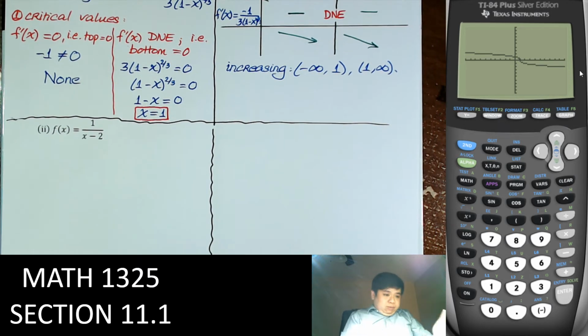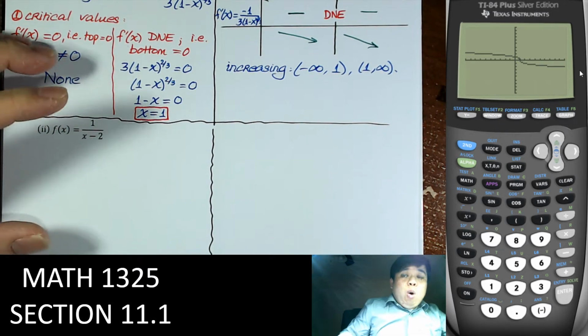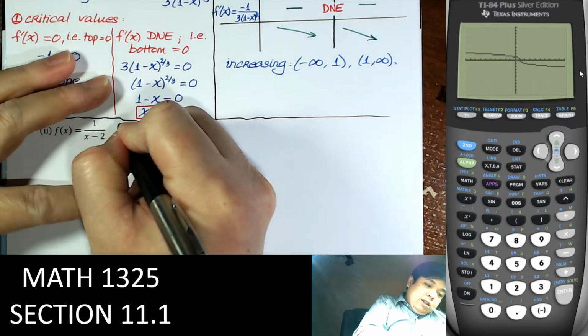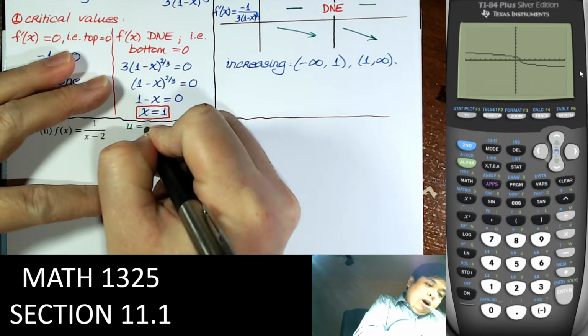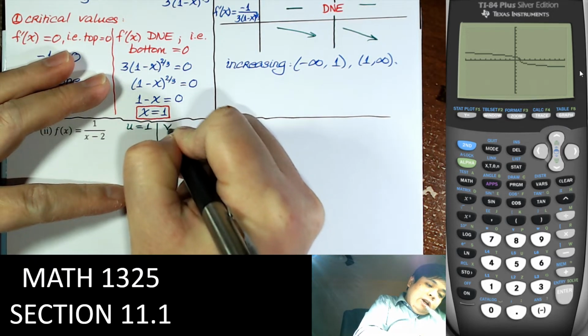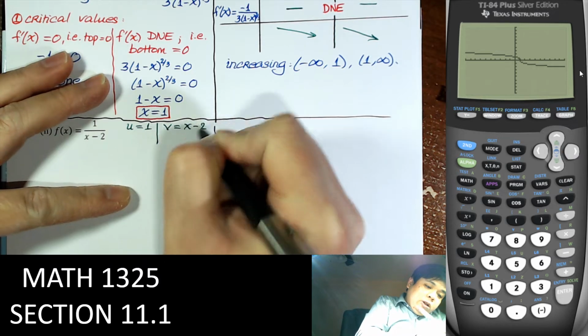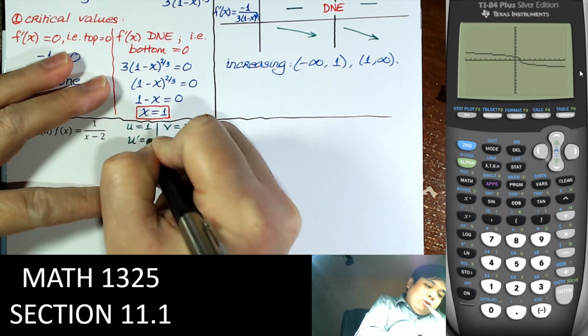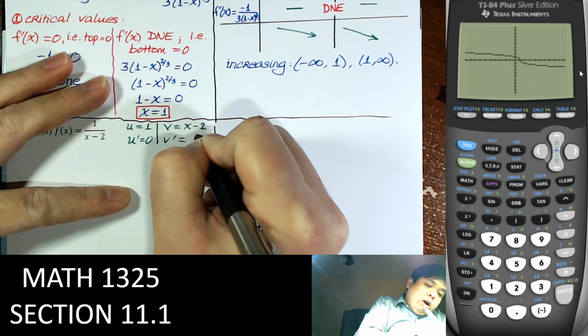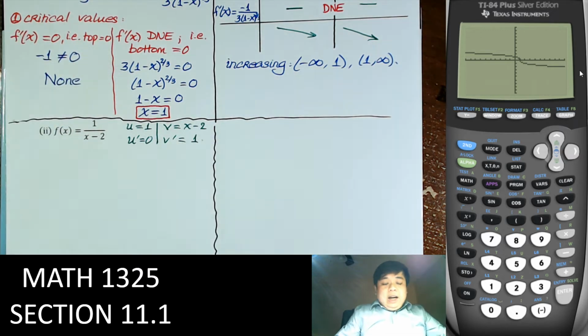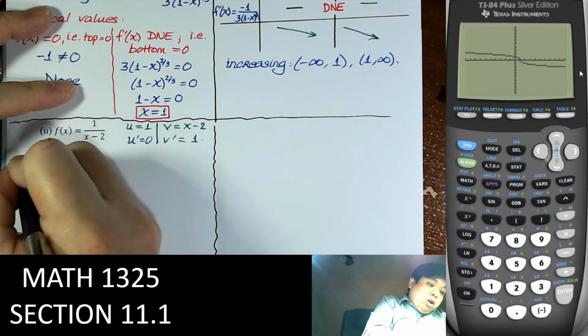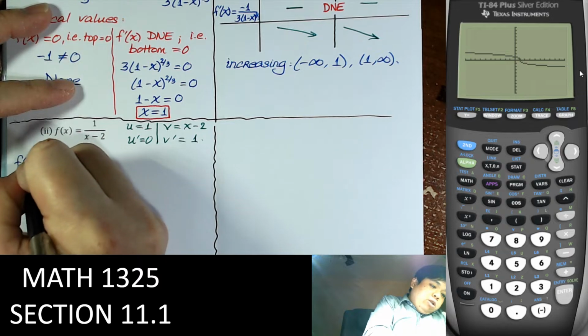On this one I'll use the quotient rule: u equal to 1, v equal to x minus 2, u prime equal to 0, and v prime equal to 1. This is an advantage of using the quotient rule. I will tell you when we get there.